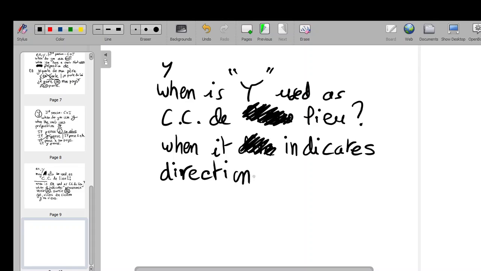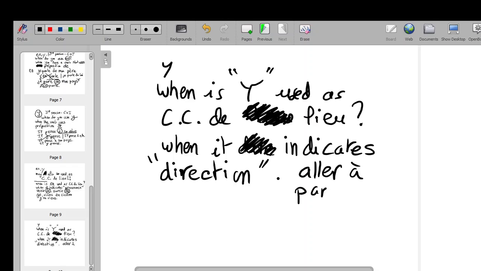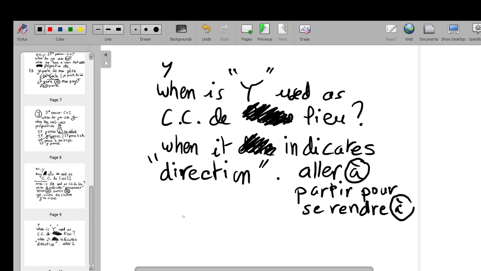So verbs like aller à, to go to, partir pour, to leave for, se rendre à. So whenever you see those kinds of prepositions, you know that you use y as a CC de lieu.